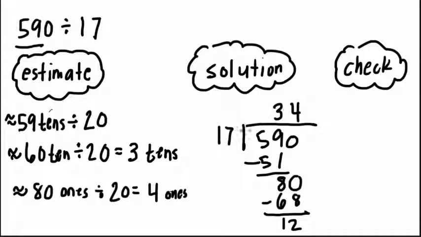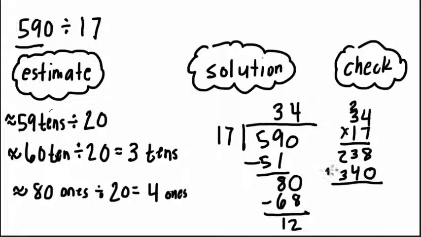So then we go to our final step and we check it. Remember, divisor times quotient: 34 times 17. 4 times 7 is 28. Carry the 2. 4 times 1 is 4, plus 2 is 6 — wait, let me redo that. Put the 0 there so we remember, and add them together. That is 578. Oh, but we're not done.